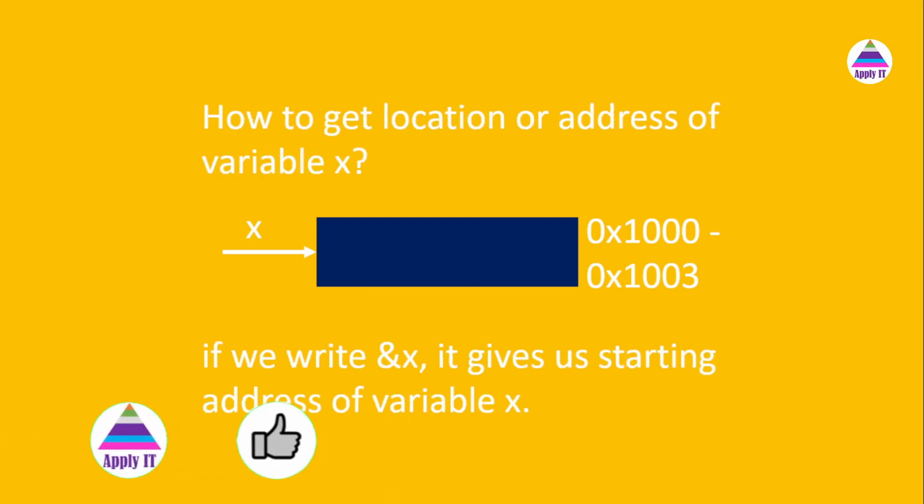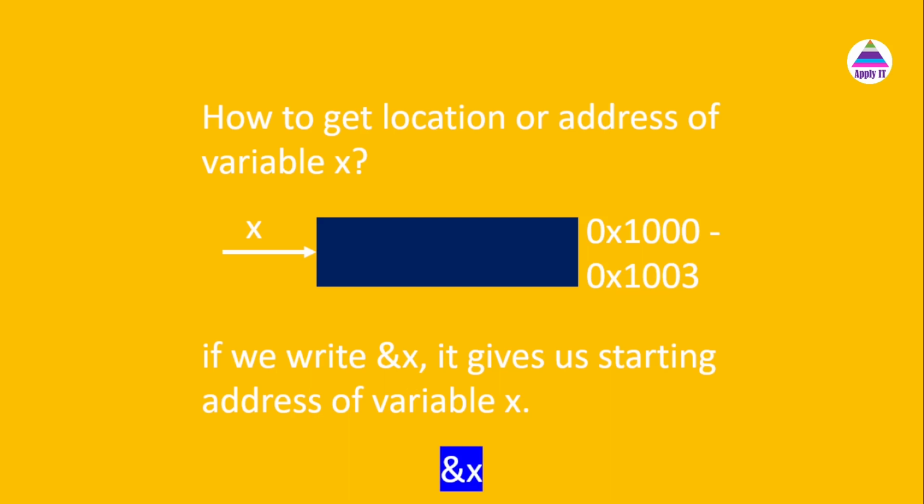How do we get location or address of this variable x? So for any variable x, if we write ampersand x like this, it will give us starting address of variable x. So to get address of any variable, we have to use operator ampersand. So that's called ampersand x.